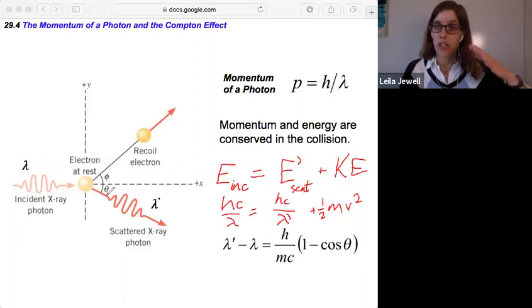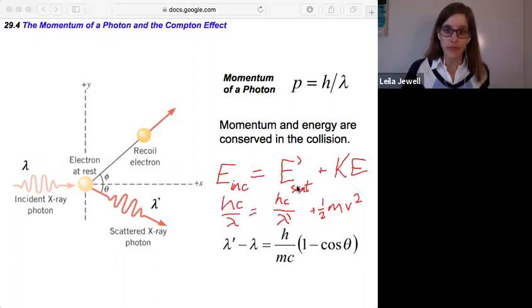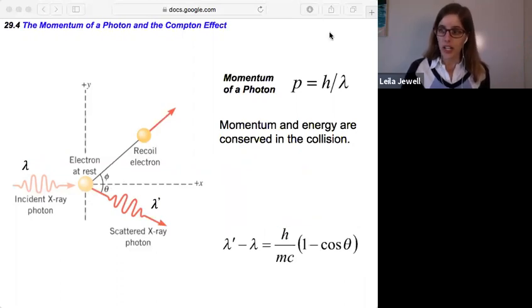It can be as small as 0 if it just keeps going in a straight line, or as large as 180 if the incident X-ray photon bounces off and goes the opposite direction. So with this in mind, let's take a look at a conceptual example.